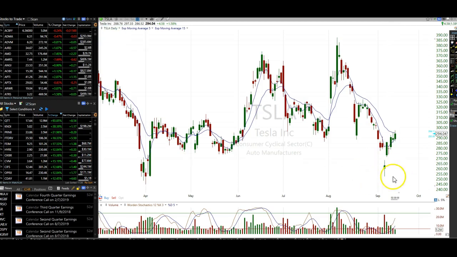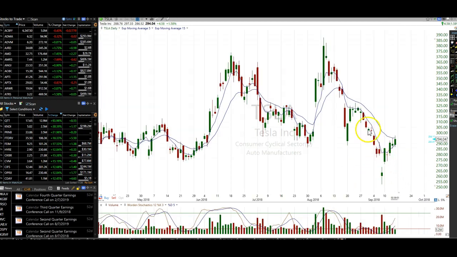Here's the island reversal. So the stock is in this huge downtrending channel, 1, 2, 3 waves. And this is what in technical terms we call capitulation. And it happens a lot at the bottom of markets.